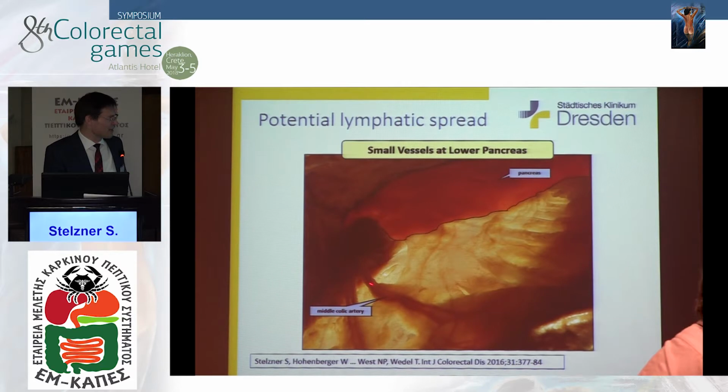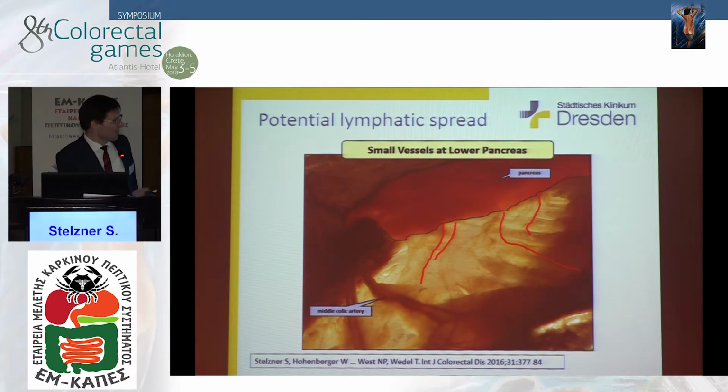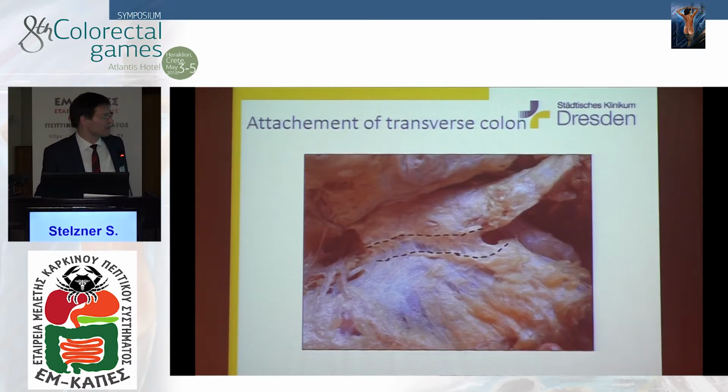There is the middle colic artery supplying the transverse colon, but we could also show that there are tiny vessels crossing the pancreatic vascular territories and the colonic territory. And again, we hypothesized that this might be a potential pathway for lymphatic spread, and that is the rationale to dissect lymph nodes at the lower border of the pancreas as well.